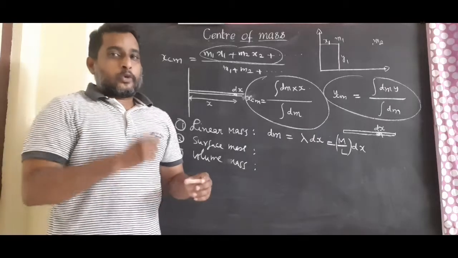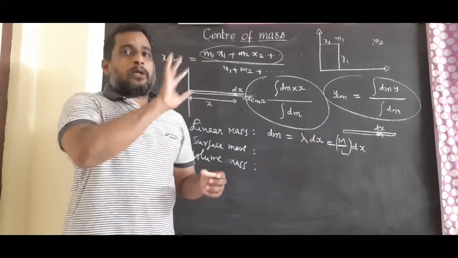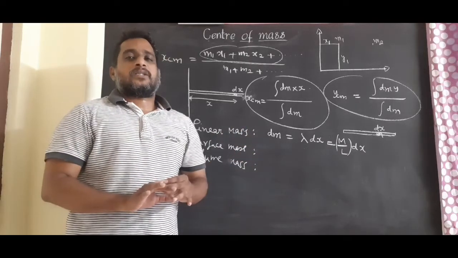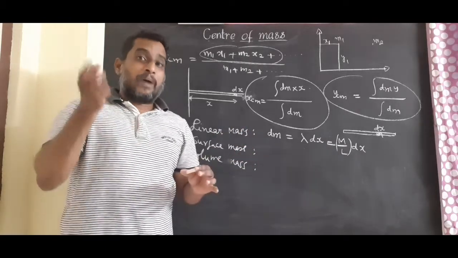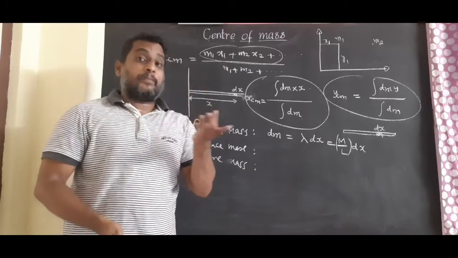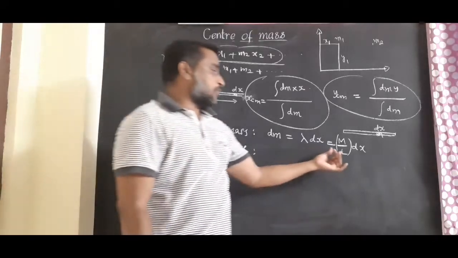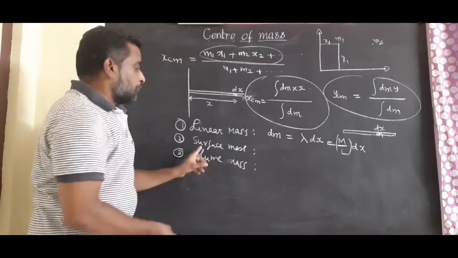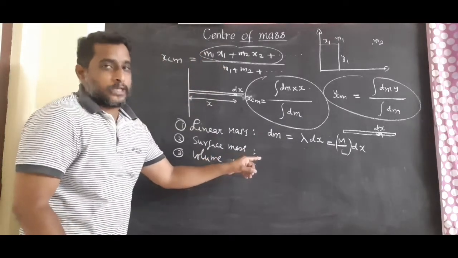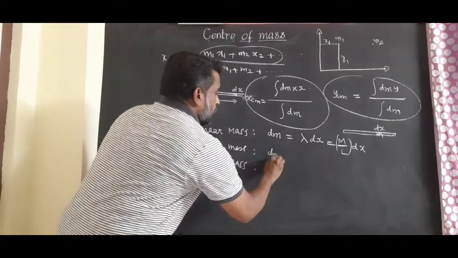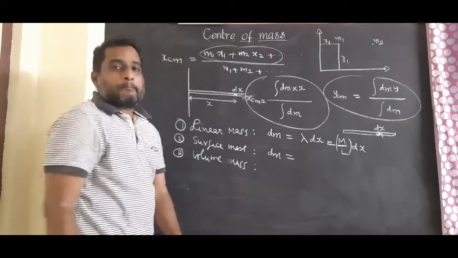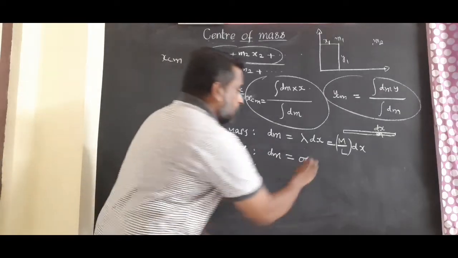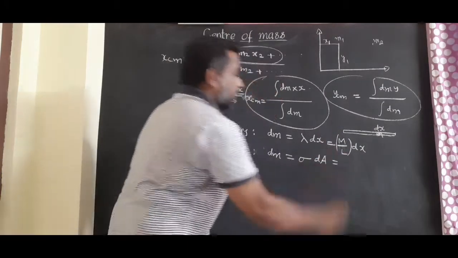That means, if you know the linear density of that particular rod, we can calculate the mass of any element of length dx by using this equation, m by L into dx. In the case of surface mass distribution, mass of an element will be given by surface density sigma into area of the element.